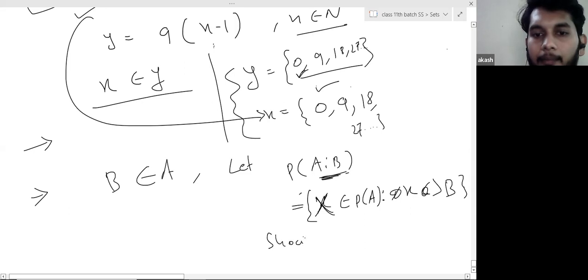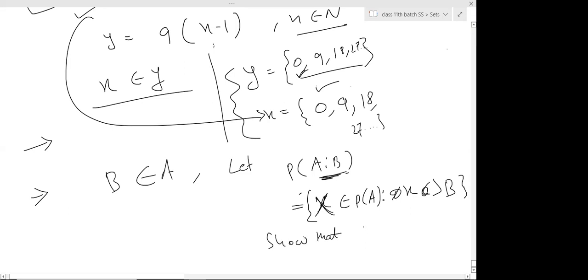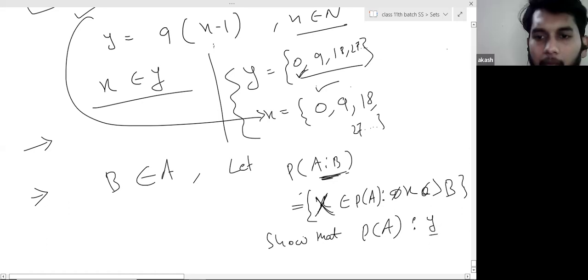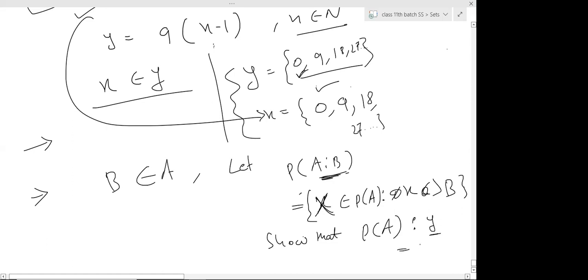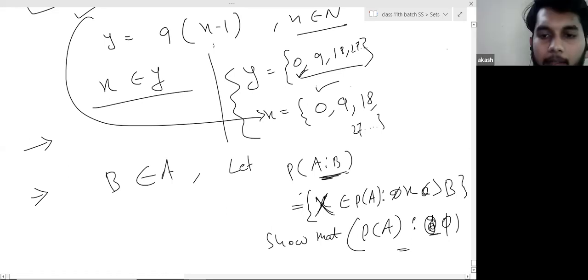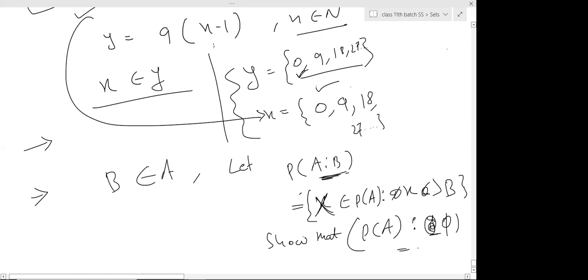Show that power set of A colon phi, and this is in bracket, is equal to power set of A.